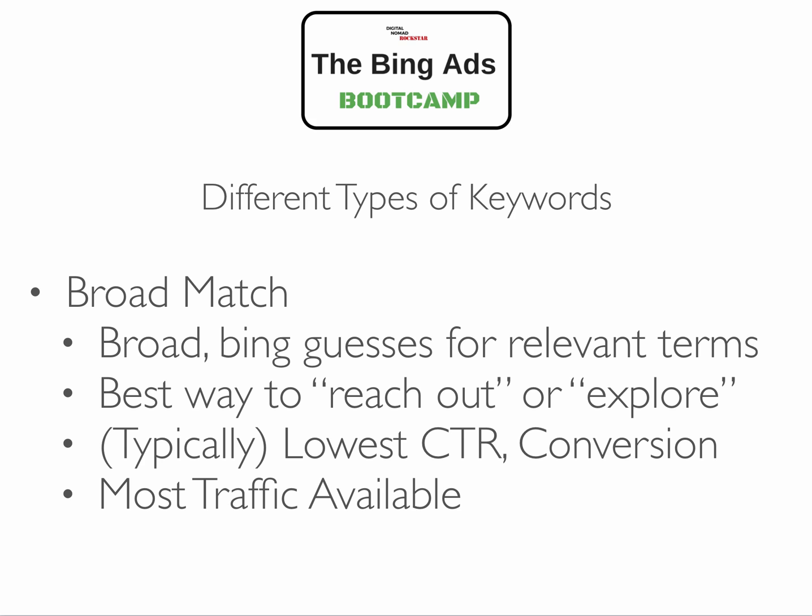That makes sense. We're all different, and people use search engines differently. They use different words, different phrasing, different order. But broad match does a pretty good job of figuring out what they meant, or how related the keyword you're choosing is to what they meant. So these are the best way to reach out or explore.